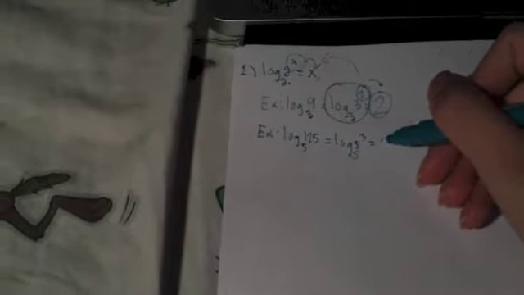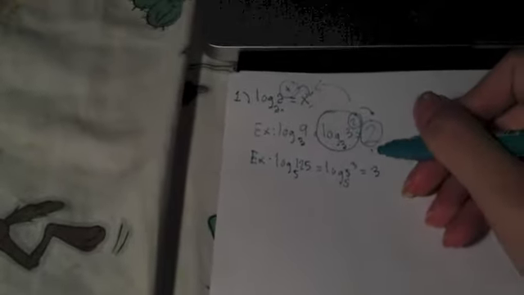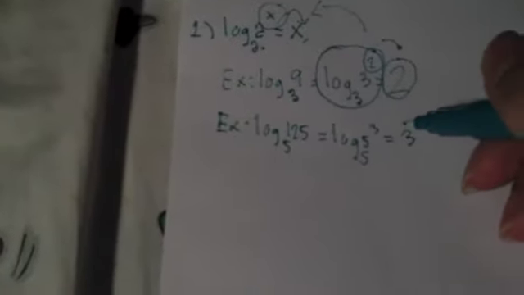Yes, you're right, it's 3. The same as the first one, you see? The 3 is x and the power is x too, so x and x should be the same, like what has been stated up there. So the first property, I hope you get it because it's really easy.